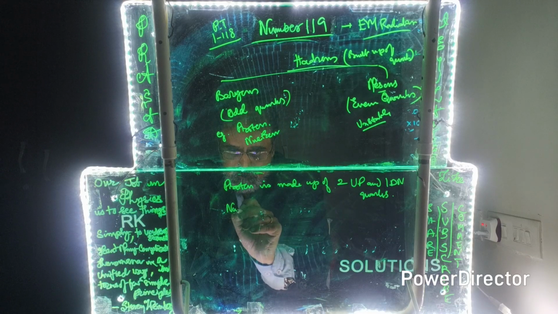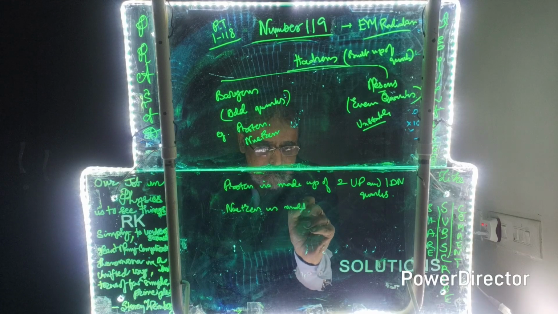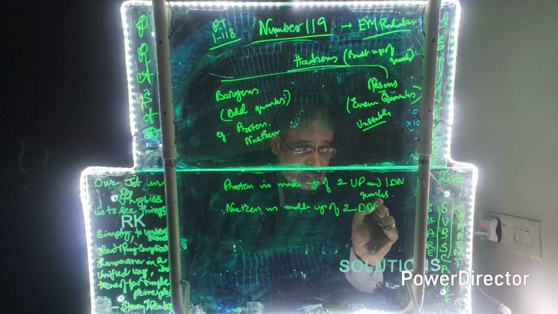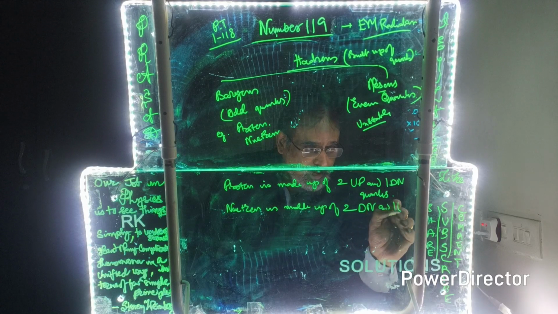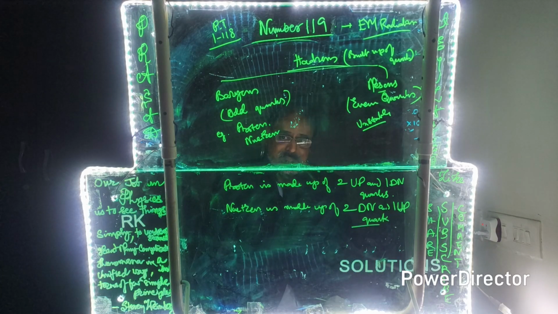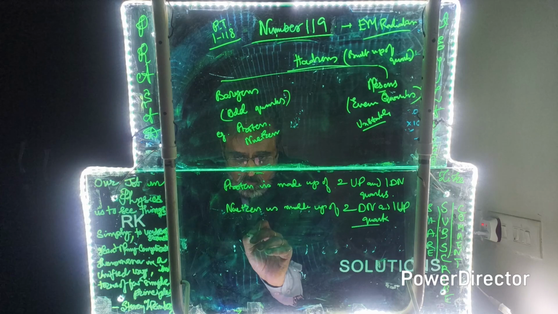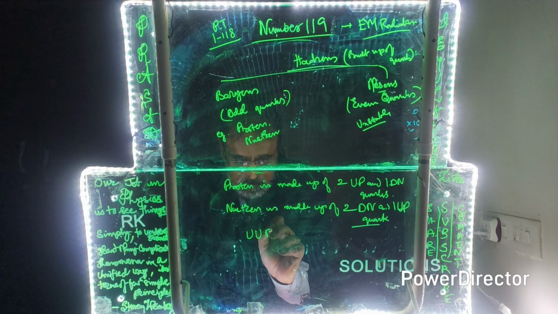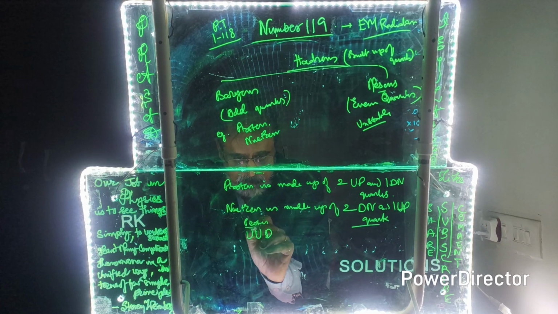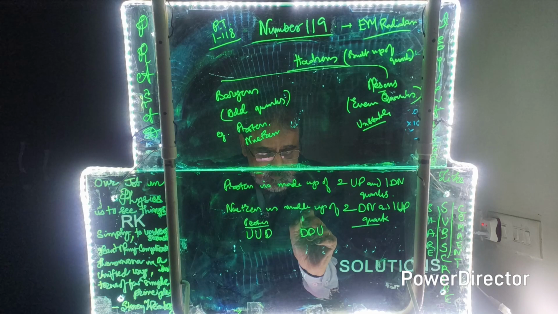Neutron, on the other hand, is made up of two down quarks and one up quark. You know that, right? So up, up, down is proton, down, down, up is neutron.